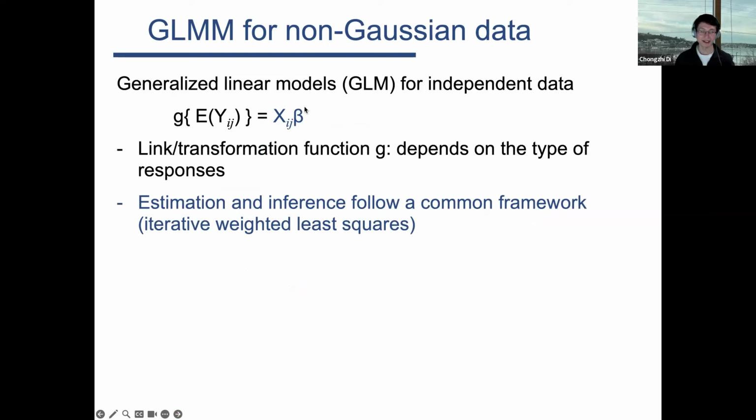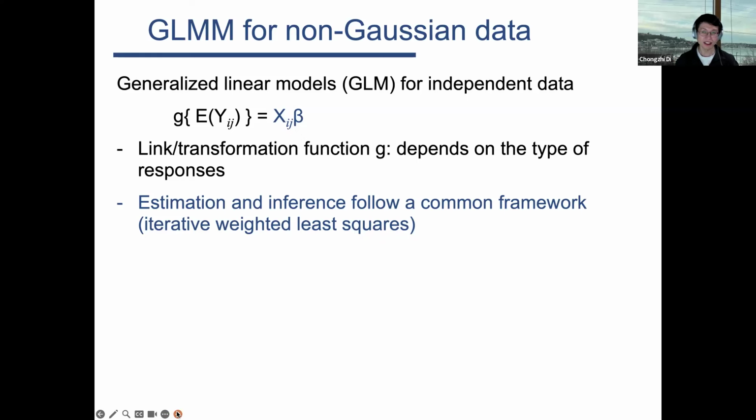Linear regression, logistic regression, and Poisson regression are all special cases of generalized linear models. And for estimation and inference, we can use the same framework, especially iterative weighted least squares, to estimate all the coefficients, standard errors, p-values, etc.